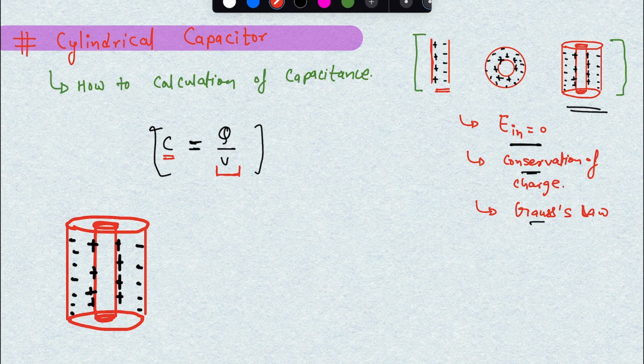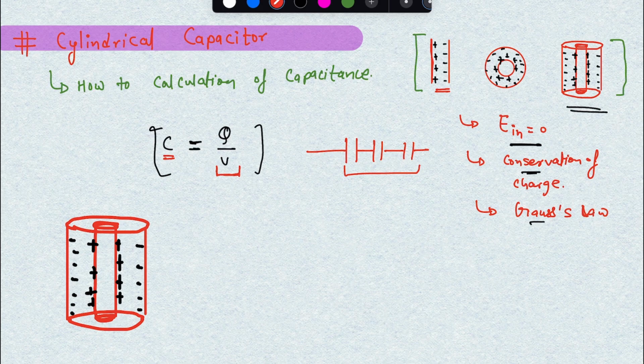The problem is that here we don't have these plates. If there were multiple plates, then we could break it into series and parallel. We do that, for example, when a parallel plate capacitor is filled with dielectric and I want to calculate the total capacitance.